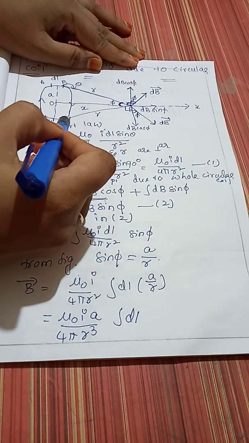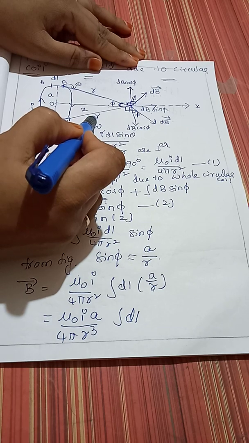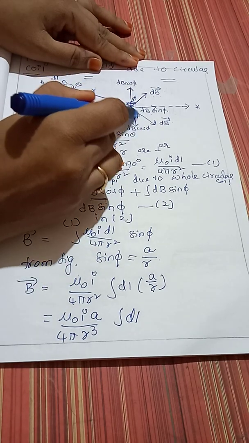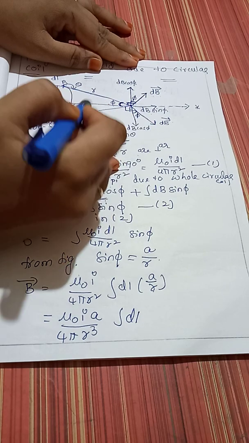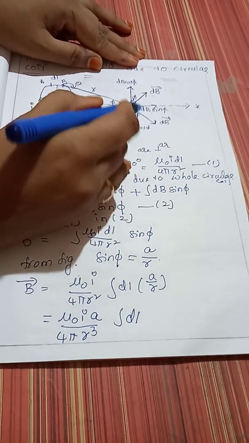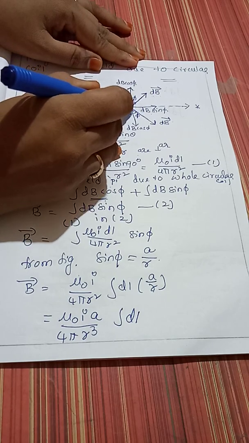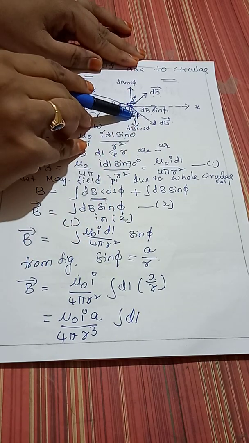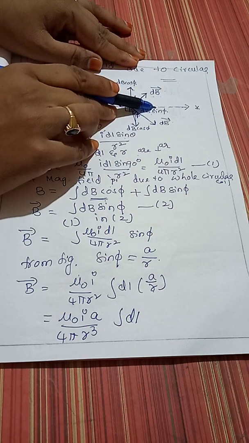Now if we join, again we can write it as r, of the same length. This becomes the perpendicular of this r. As usual, we resolve dB into two components, one perpendicular to the axis, the other along the axis.